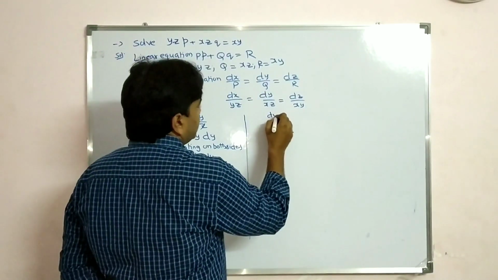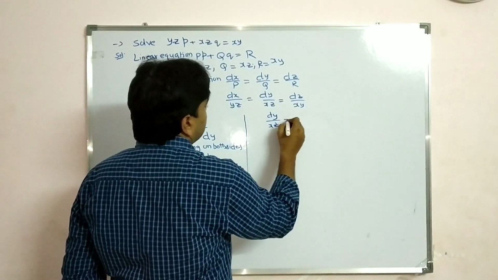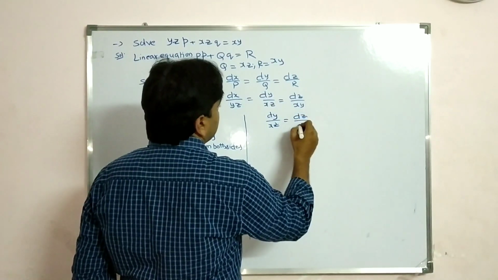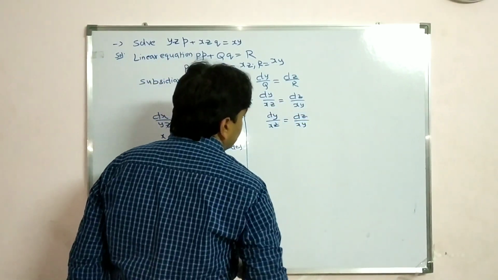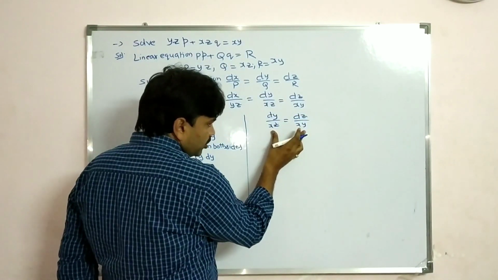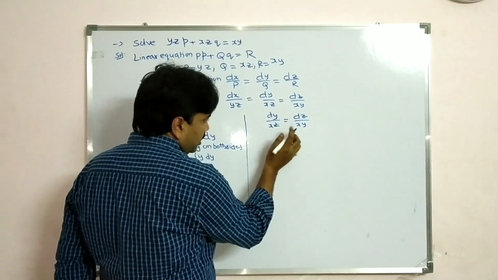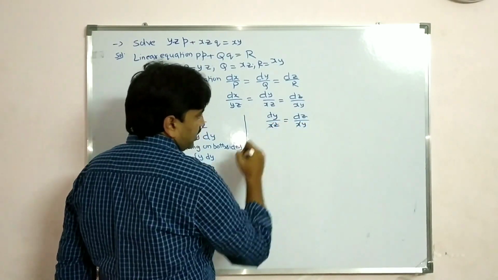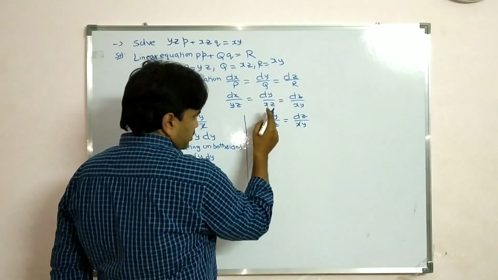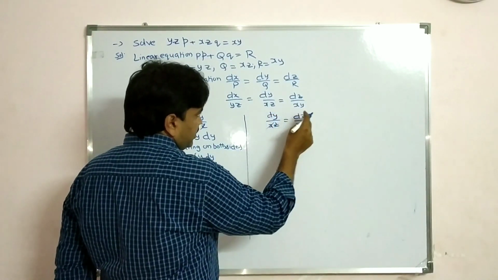So dy by xz is equal to dz by xy. See, students, in the denominator which term is cancelled? X cancels. Again, dy by z here, dz by y.